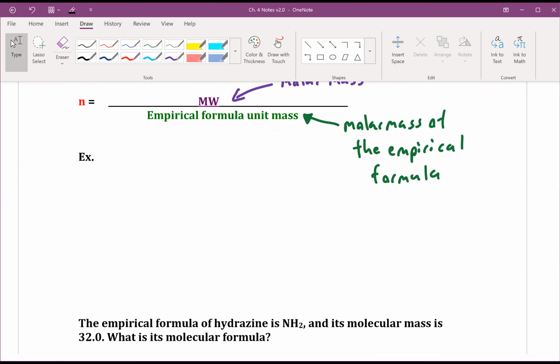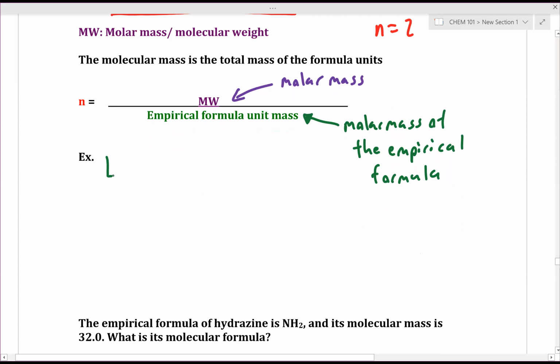So let's suppose we know that our empirical formula is CH2.